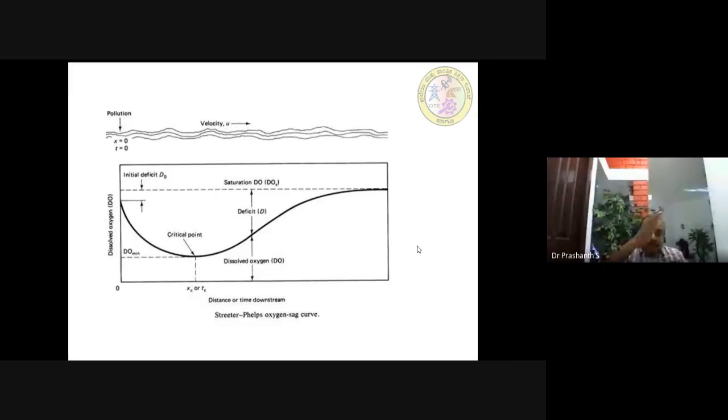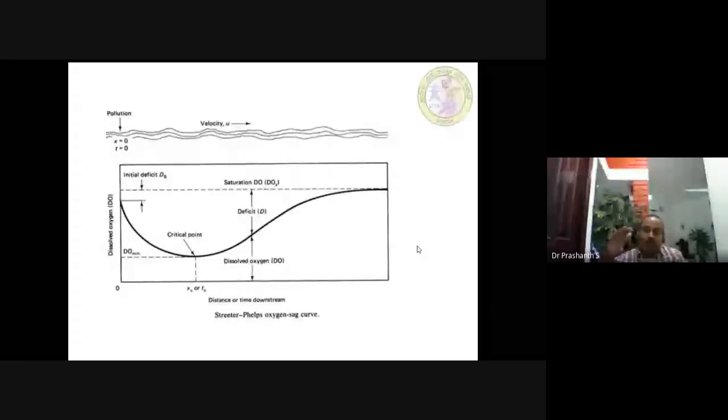The DO which went down to a critical point has gone up because of self purification of the stream. To understand this mathematically, Streeter Phelps has given an equation, the Streeter Phelps oxygen sag, and he has given equations for these.